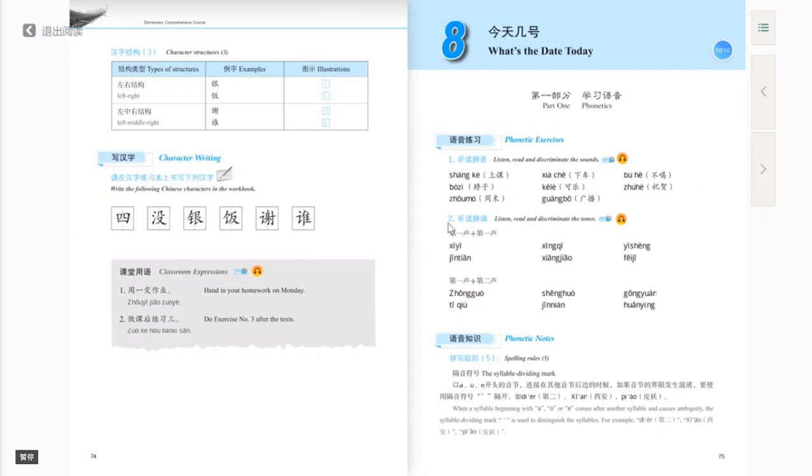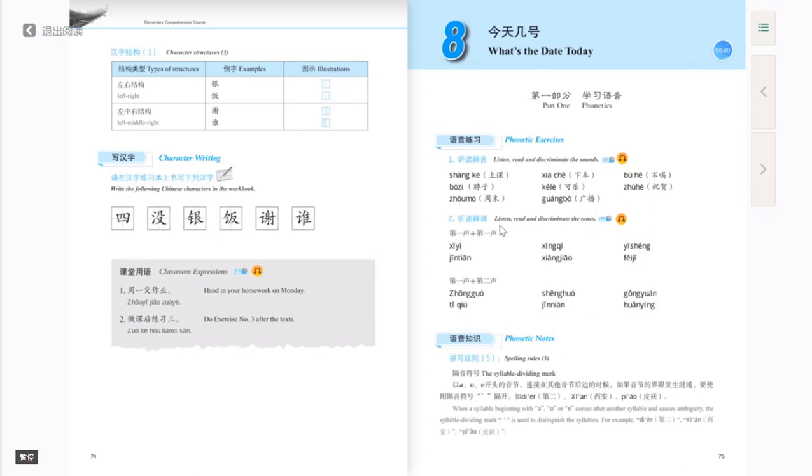And next one is a comparison of the collocation of tones. The first group is a collocation of the first tone and the first tone. All these pairs of pinyin are read with the first tone, and you can feel how to read two first tone syllables.